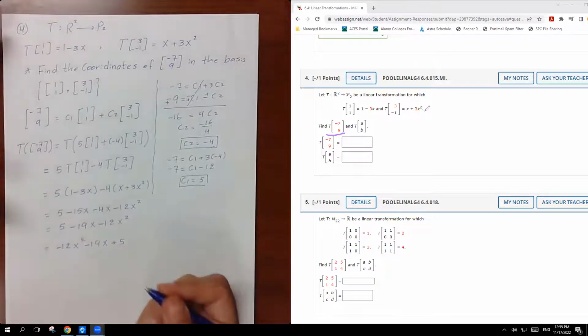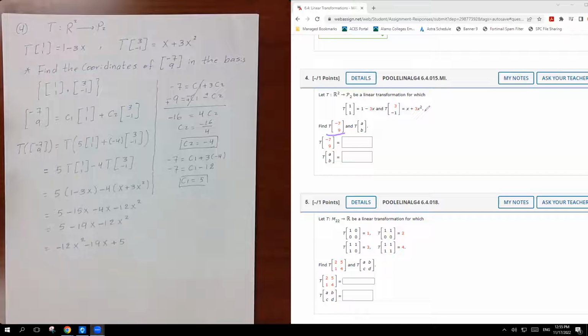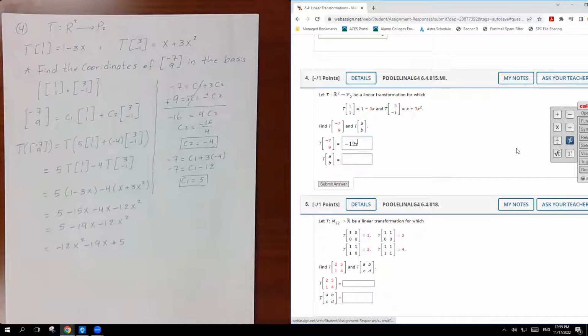So this is the transformation for negative 7, 9. So we're going to type here: the first part is negative 12x squared minus 19x plus 5.